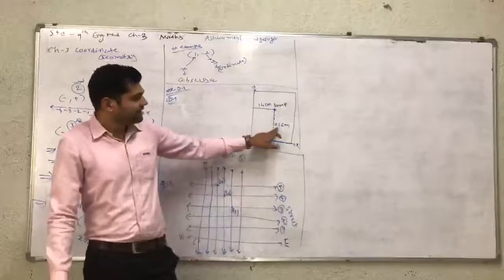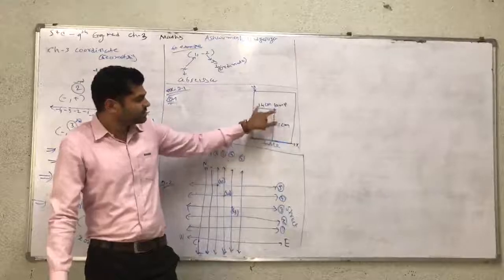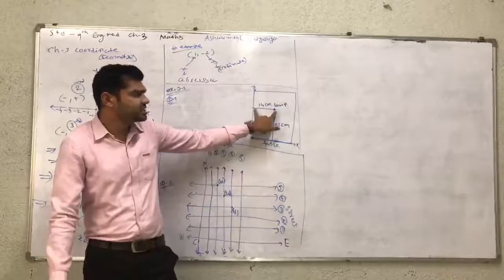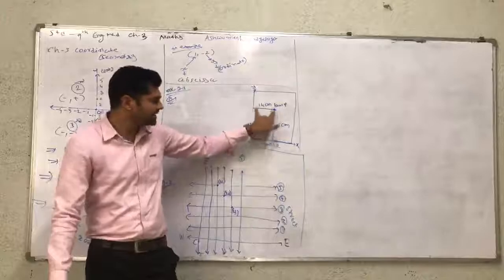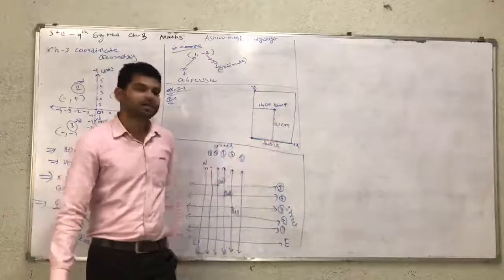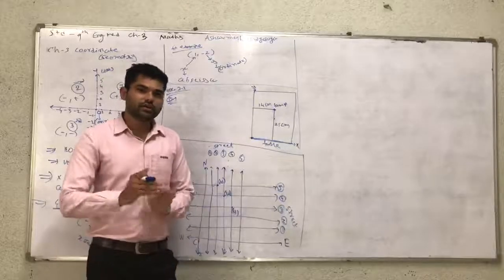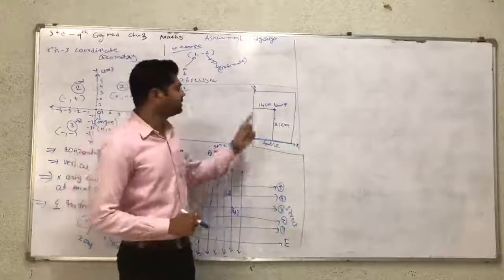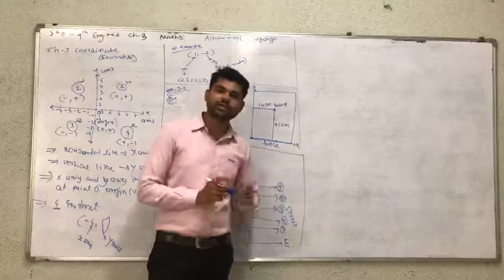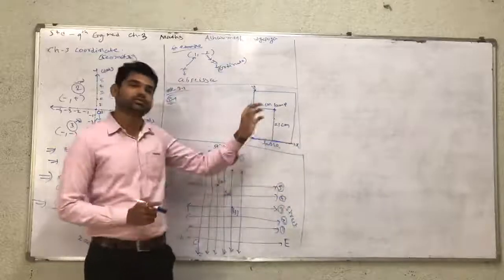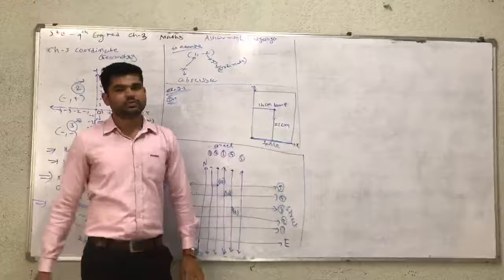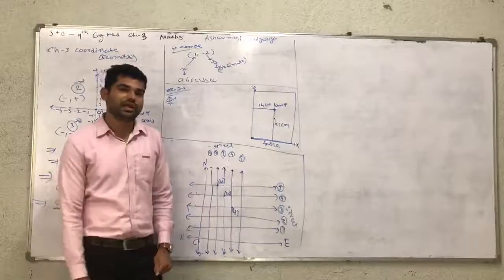So here we can take it as the longer edge. Here one edge is 14 centimeter, and the other line's direction is 21 centimeter. So cover this distance and meet these two points. It means 21 centimeter and 14 centimeter meet at one point. This point represents the position of the lamp.